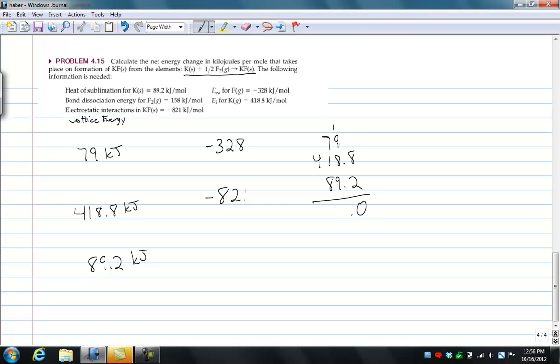Okay, 9 plus 8 is 17, 26, 27, carry the 2, 9, 10, 18, 1. So it took us 587 kilojoules to go from our potassium metal to potassium gas to potassium ion to a bunch of fluorine atoms. And then on the way back down we're going to be saving a total of, if we add those two together, 1149 kilojoules saved.